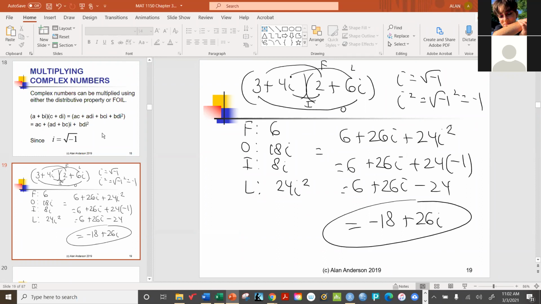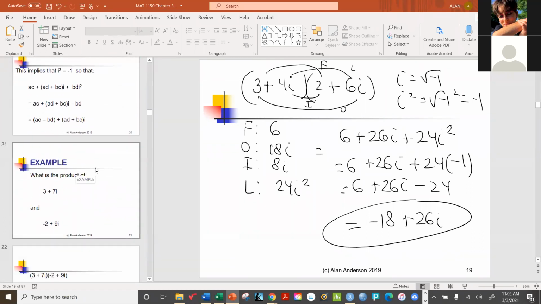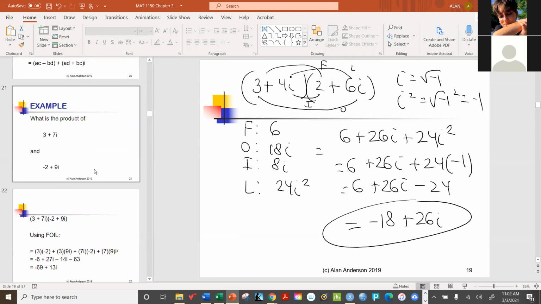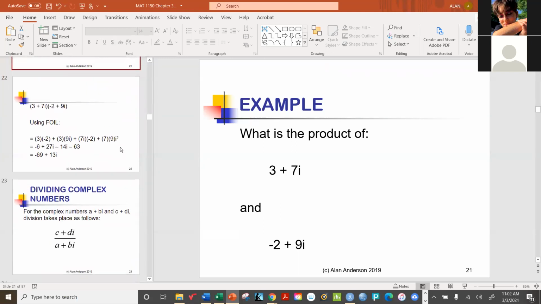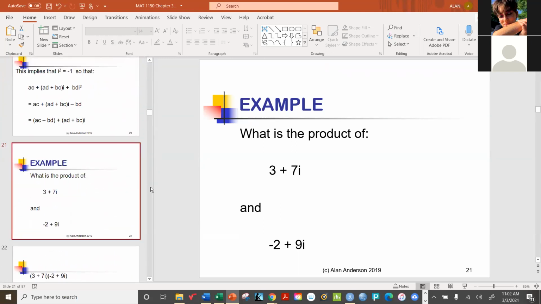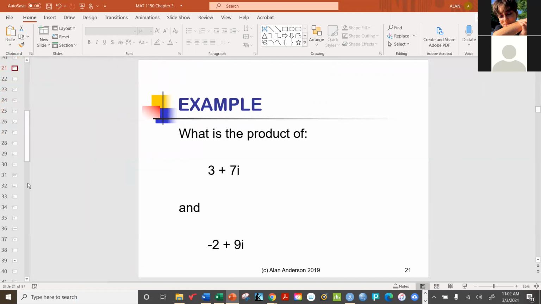All right. So let's look at some more examples. How about, let's say, these two. Now, I'll tell you what, why don't you take out a piece of paper and you tell me what this product is equal to? All right, I'm going to hide that so you can't see it. What is the product of those two expressions?